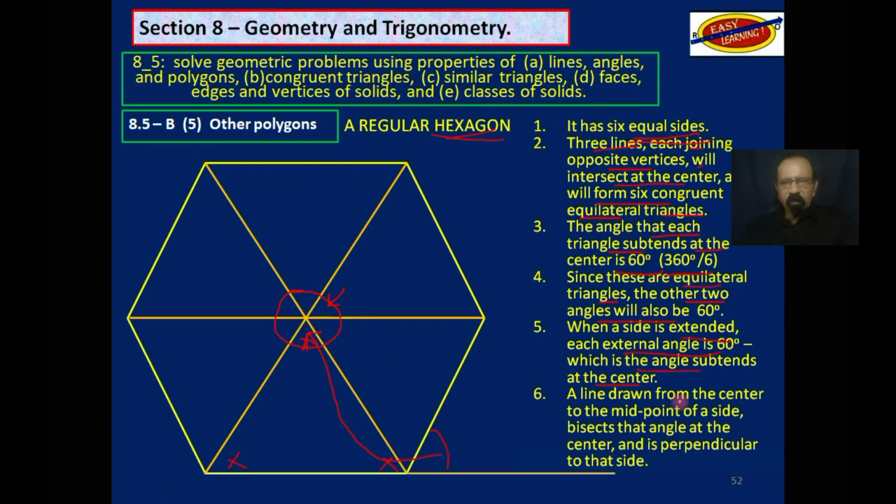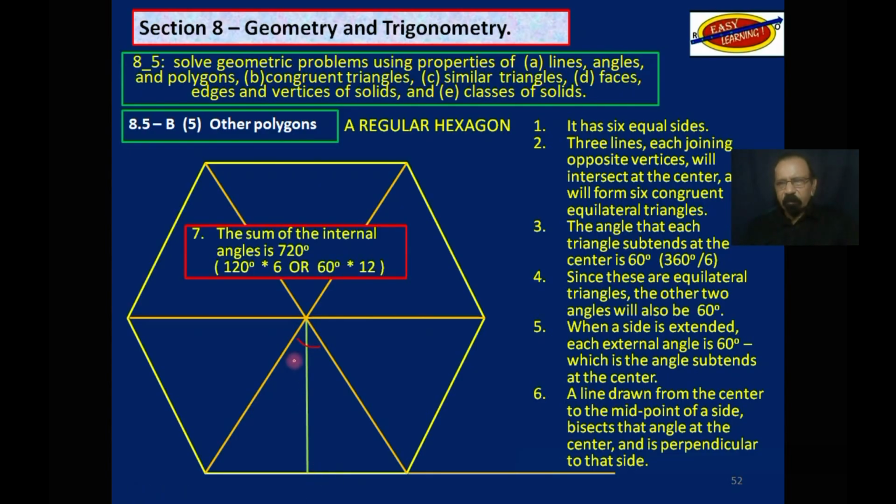A line drawn from the center to the midpoint of a side bisects that angle at the center and is perpendicular to it. So let's draw a line from the center down here. This line is drawn from the center here to the midpoint of the side. It bisects that angle, which would now be 30 degrees each.